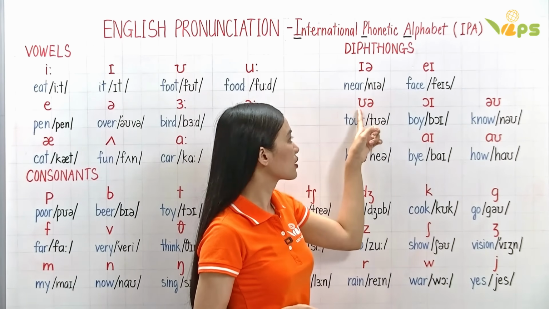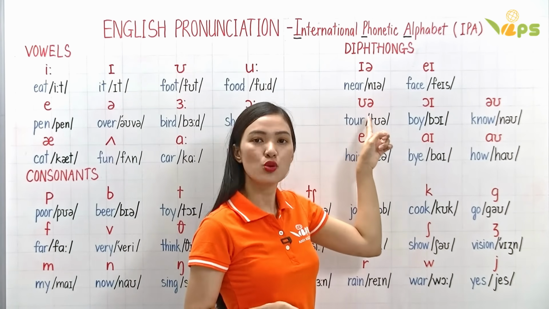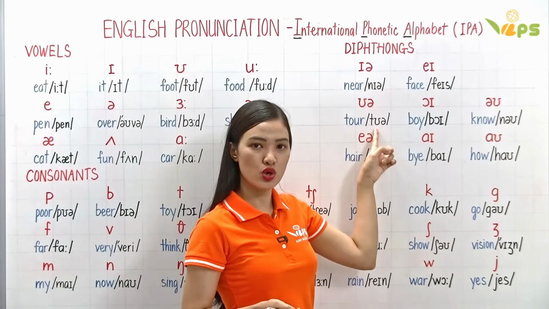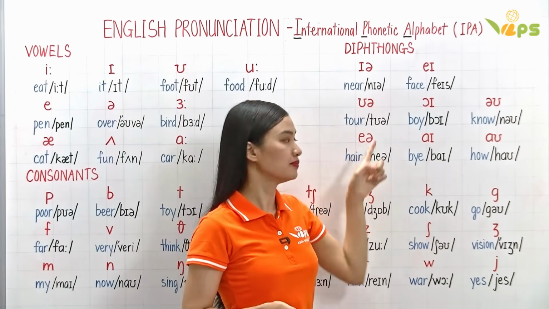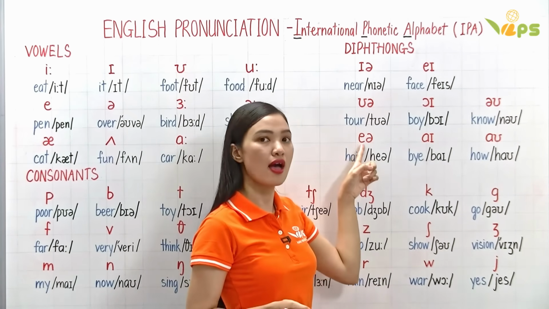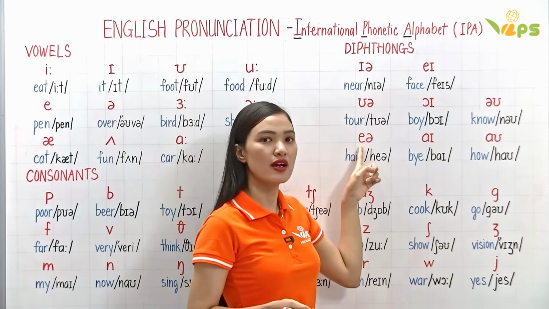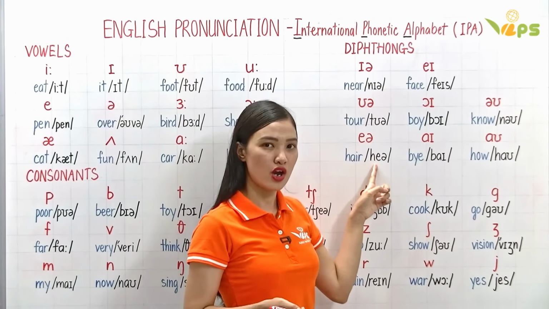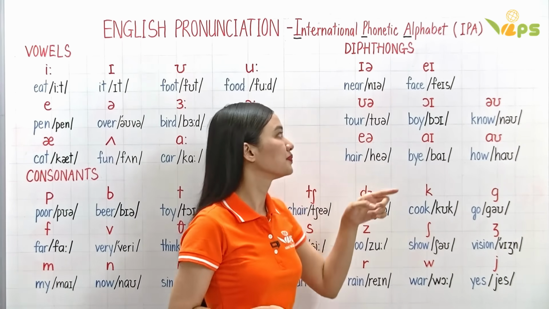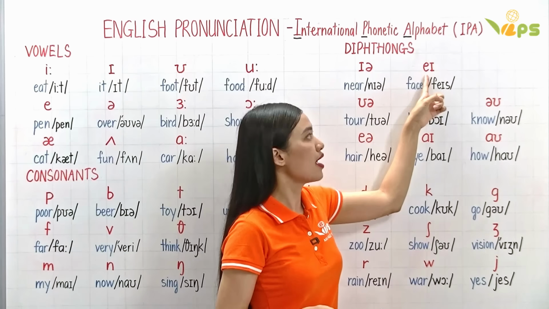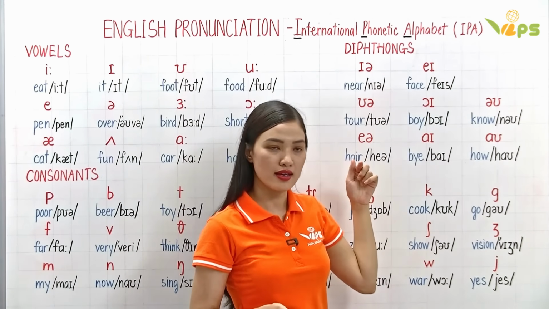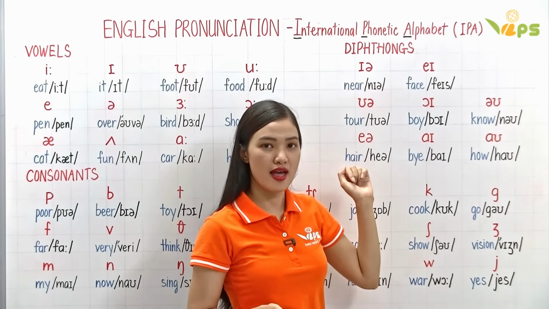This one, or, tour. This one, so we have air, hair. A, from A to E, A.